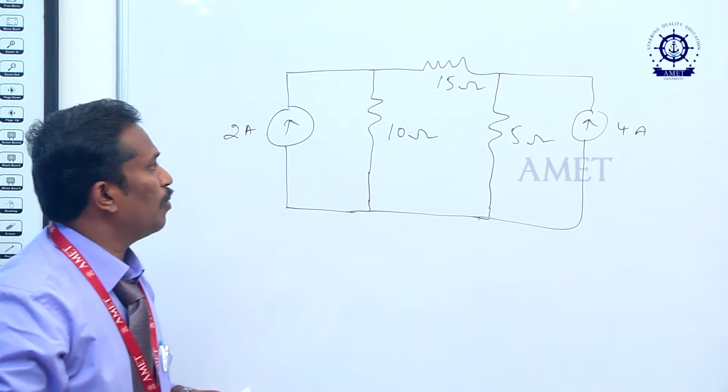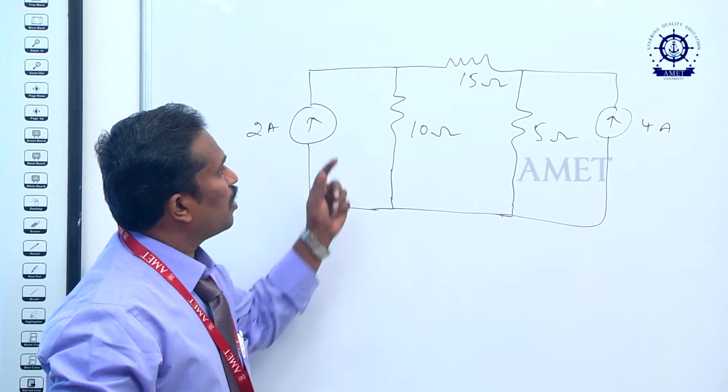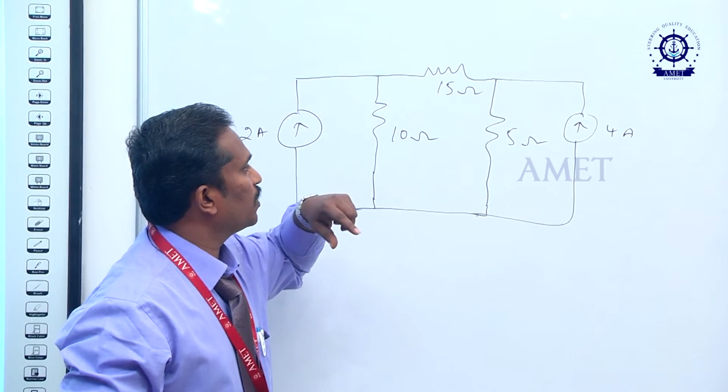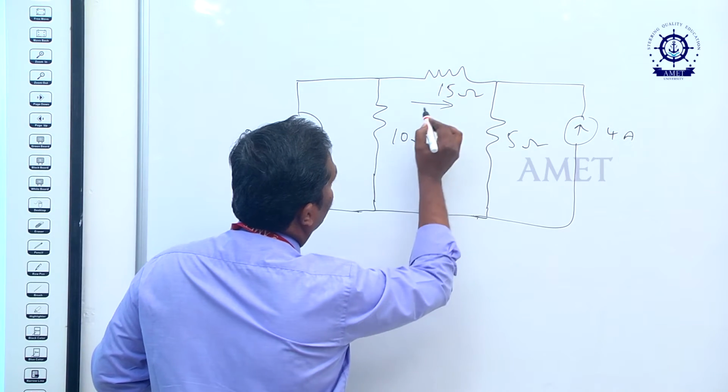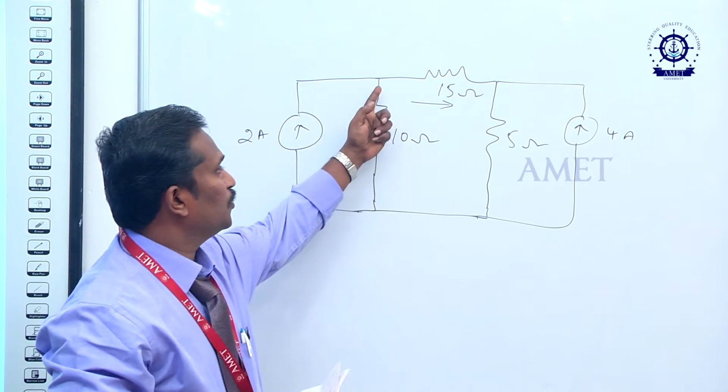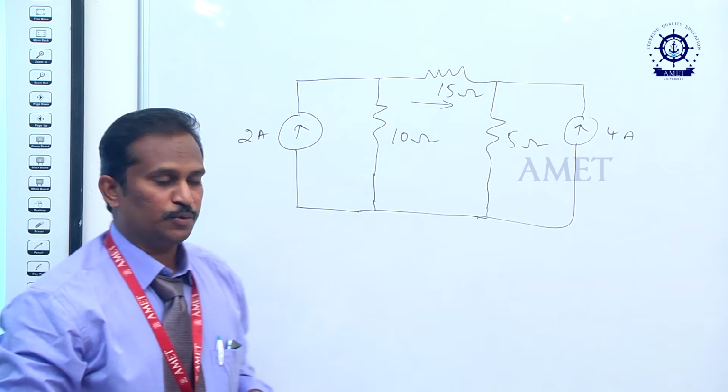So this is the problem given. We have to determine the current through the 15 ohm resistor from left to right. It means we have to find the current from node 1 to node 2.